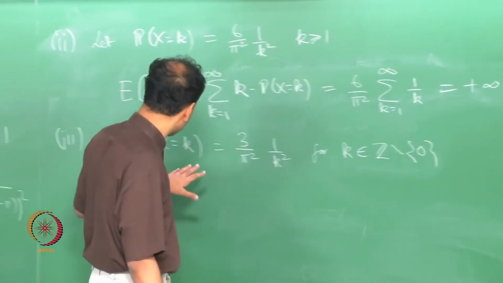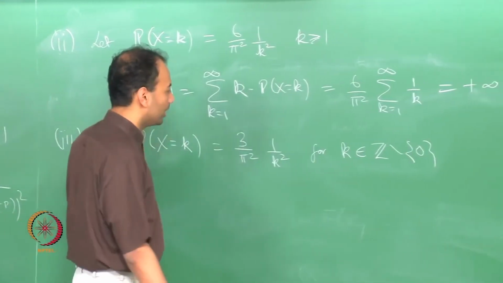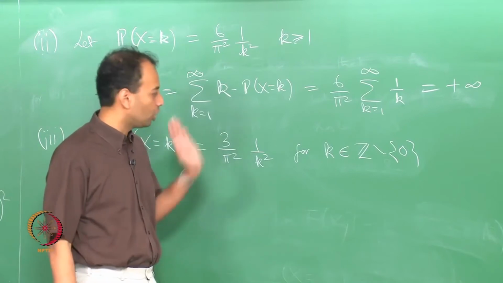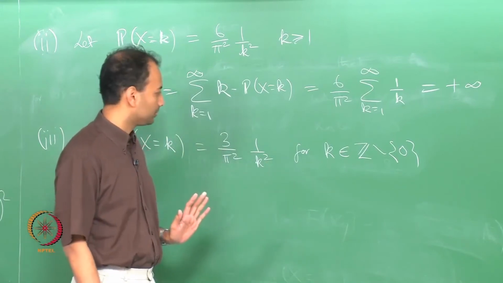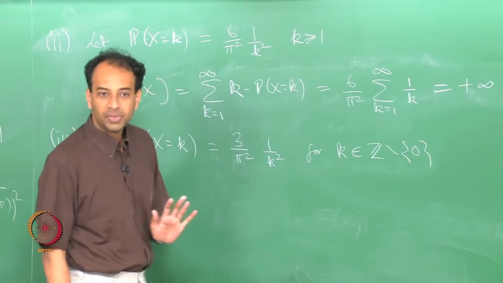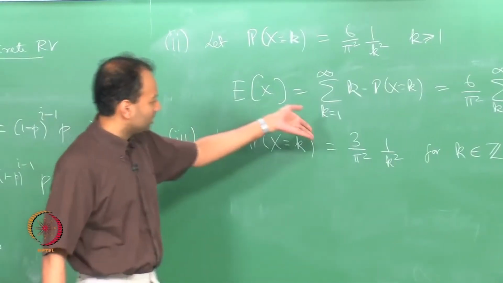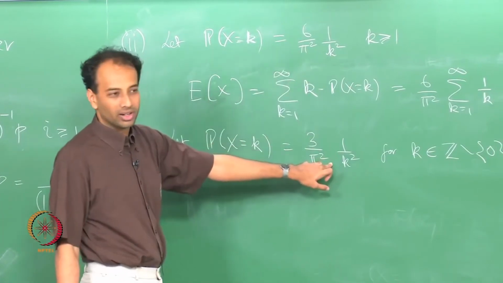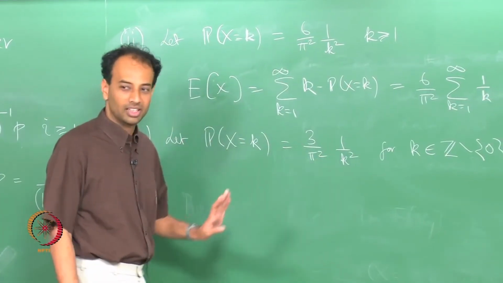Essentially, this is a PMF defined over plus or minus 1, plus or minus 2, plus or minus 3, and so on. It is defined over non-zero integers. You can verify that this will sum to 1, so this is clearly a valid PMF.